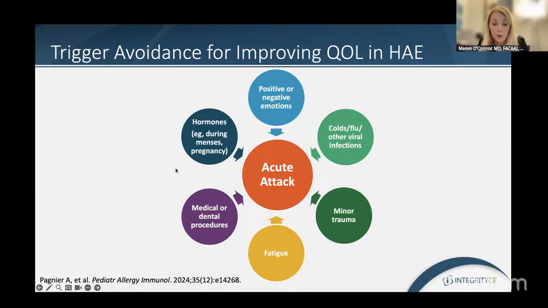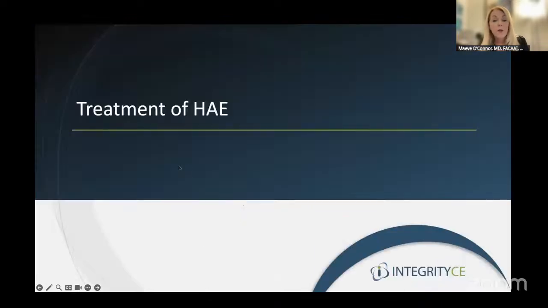And of course, hormones is a big conversation because, as I mentioned, estrogen can be a big trigger. So trigger avoidance is very important, and it really complements the pharmacologic strategies that we use in patients with HAE, and again, can reduce not only attack frequency, but also the severity as well.